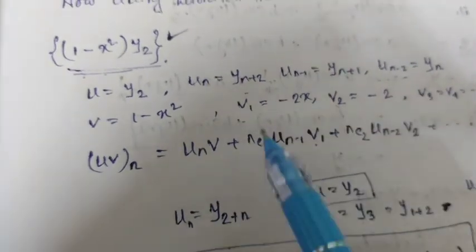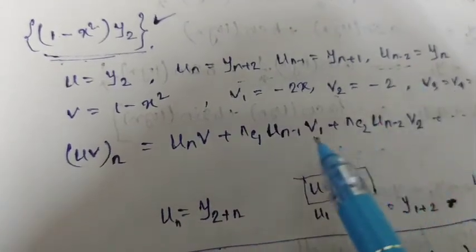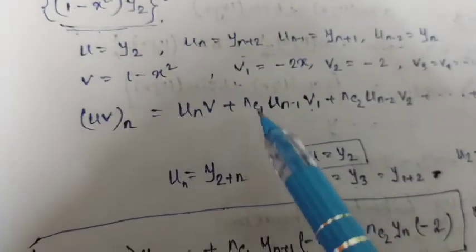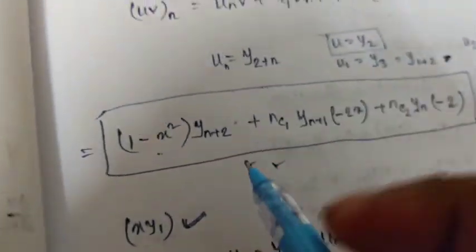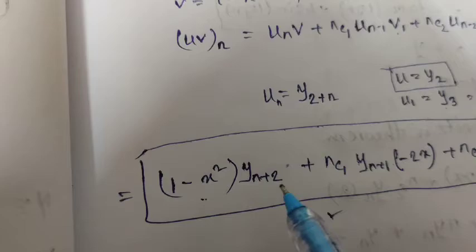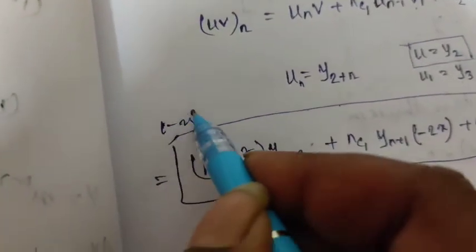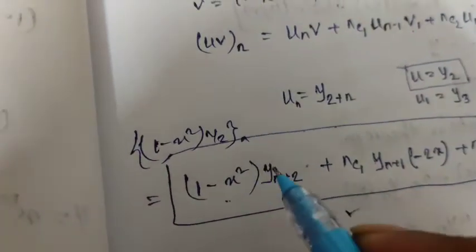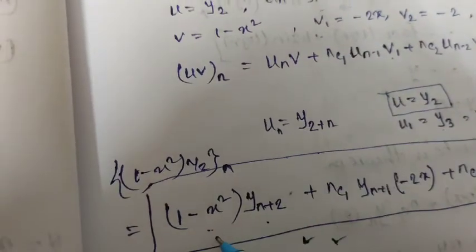So now let us put all these values of un, un−1, un−2, v1, v2 and see what we get. Here the nth derivative of (1 minus x square) y2 suffix n gives: un, we get yn+2, and v is 1 minus x square.